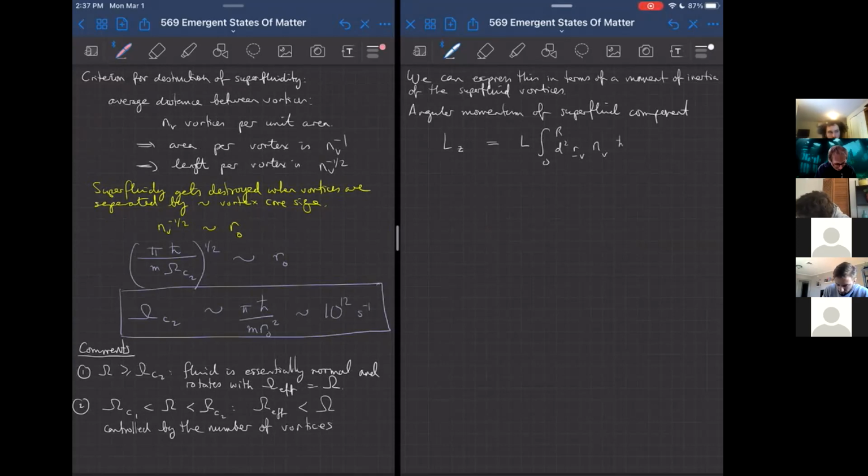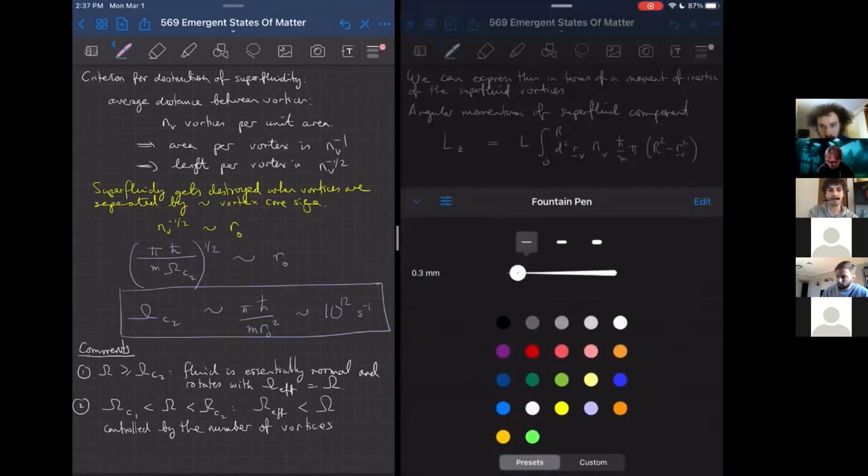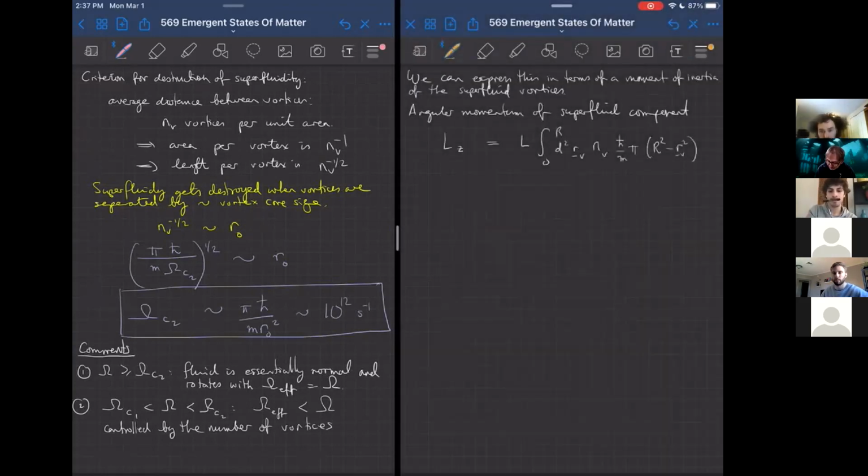The angular momentum of each vortex is h bar over m times pi, and then what comes in here is r squared minus the position of the vortices squared. So this is the angular momentum of a vortex at a distance r from the origin. This is something that you're trying to compute in the homework.